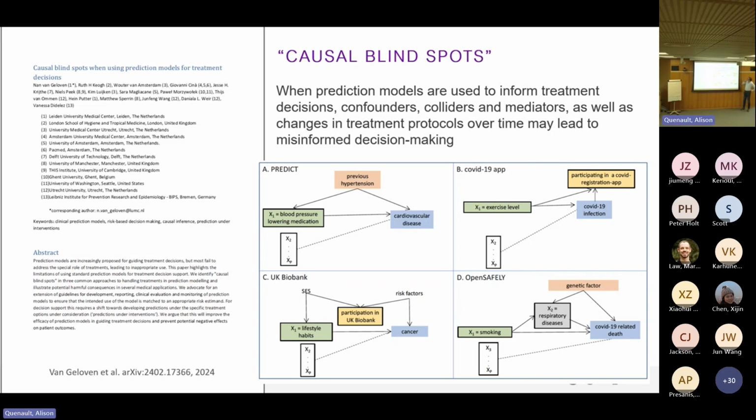Then we had a similar one for the COVID-19 networks. Again, there was a strong bias for people who took part in that, and one open safety study where it's plausible that there's again unmeasured confounding via genetic factors, but then linked to a mediator.